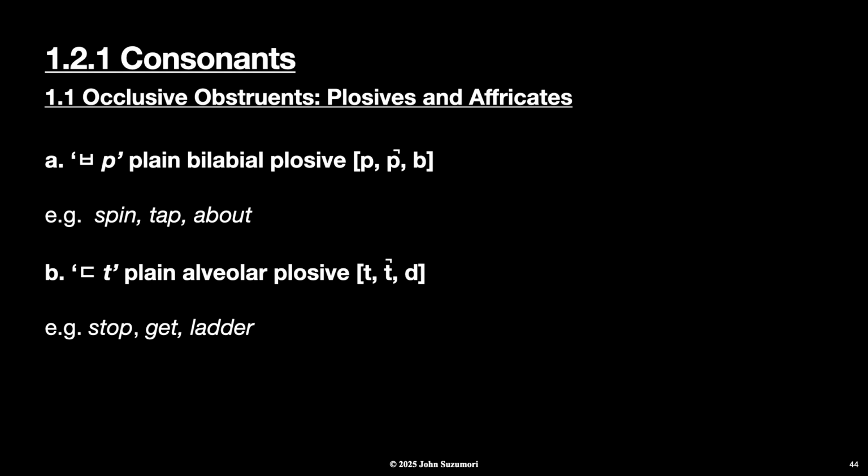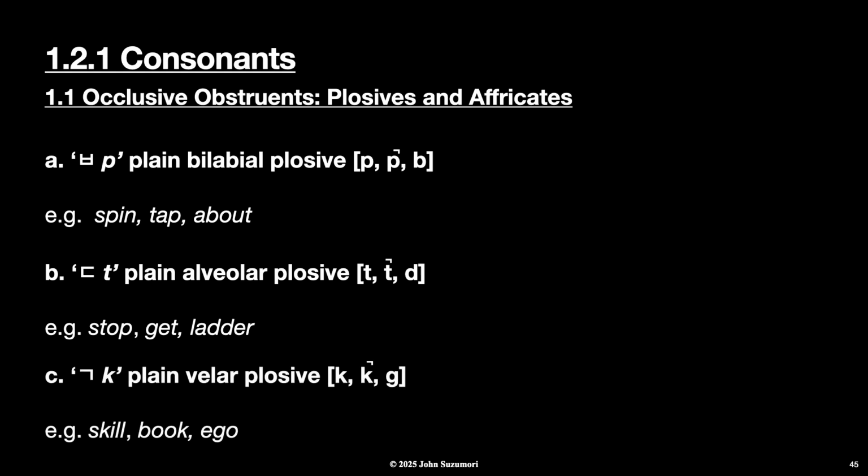Digut is similar to the T sound as in stop, get, and when voiced, it is similar to the D sound as in leather. Yug is similar to the K sound as in skill, scotch, and when voiced, it is similar to the G sound as in ego.